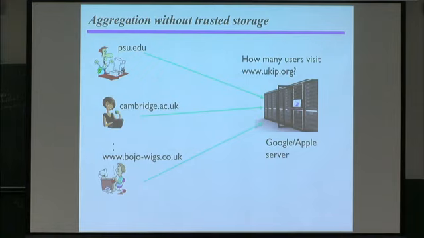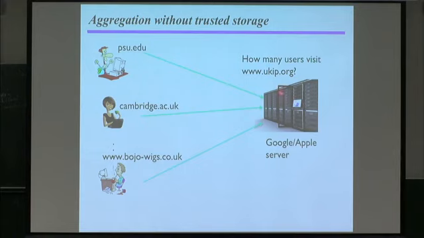An example of this is the applications that both Google and Apple have been talking about, where they're collecting information from mobile users and users of their browser about, let's say, websites that are visited. We've got a bunch of users that visit a bunch of different websites, and they're going to submit information to a central server like Google or Apple.